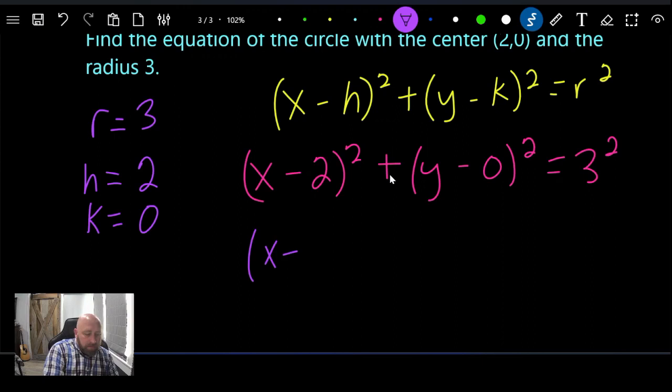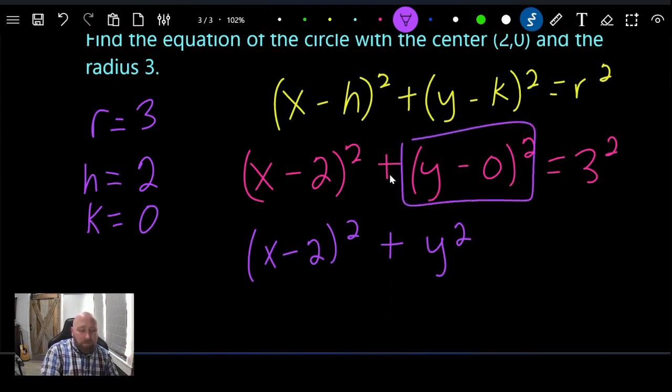So that's just going to be (x minus 2) quantity squared plus this right here. What is anything minus 0? It's just itself. So we're just going to say y squared. We don't need to keep that looking like this. We can simplify that. And then that equals, we know what 3 squared is. 3 squared is 9. So there we go.